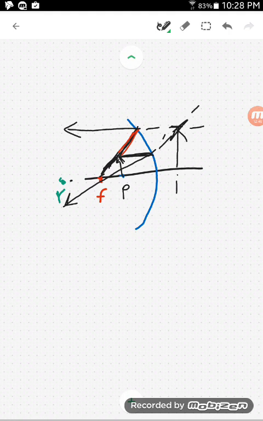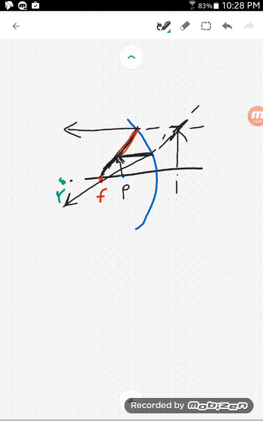And because the image is above the central axis, you can tell that it is upright. It's in the same orientation as the object, and because it is larger than the object, you can tell it was magnified.